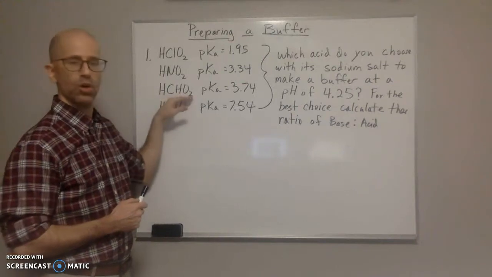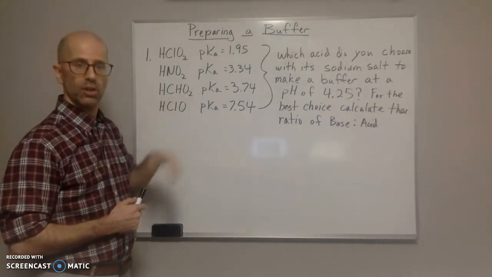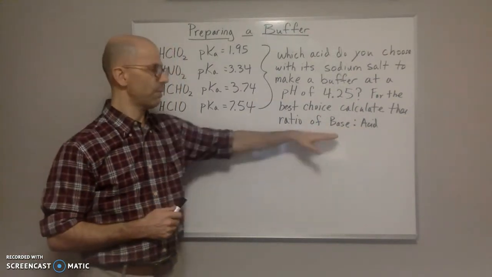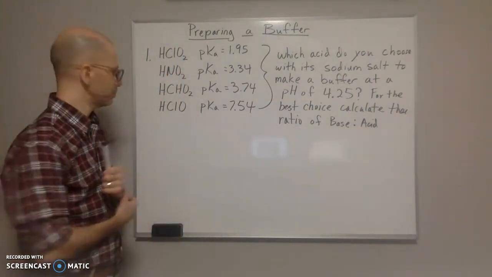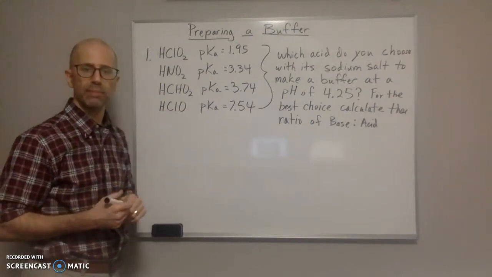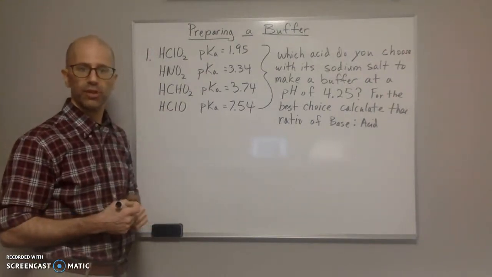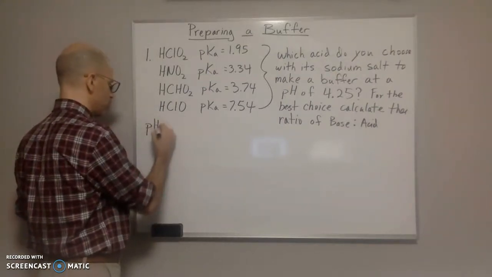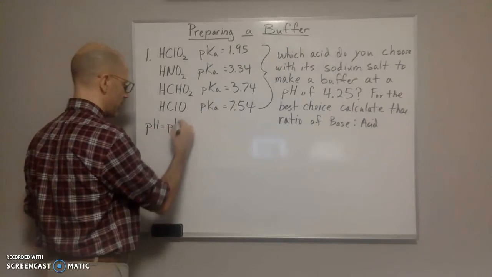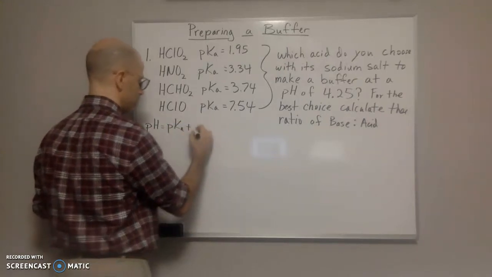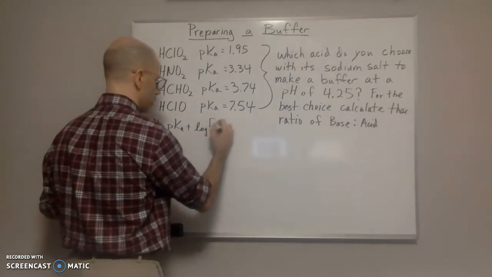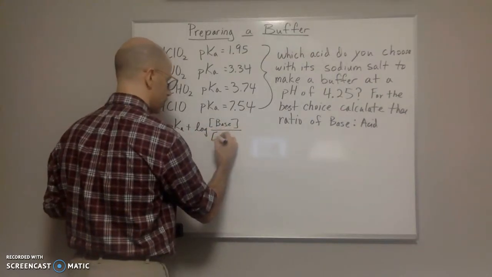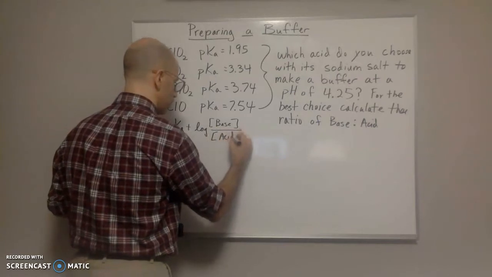So now that we know what the best choice is, they are asking us to find the ratio of the base to the acid. You can do that by simply using the Henderson-Hasselbalch equation. So here we have pH is equal to the pKa plus the log of the concentration of the base over the concentration of the acid.